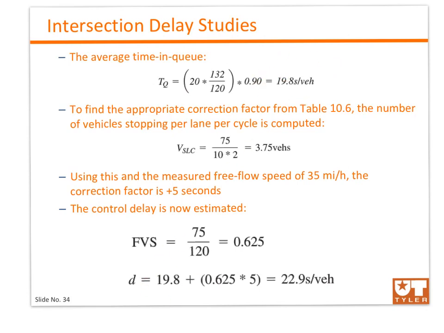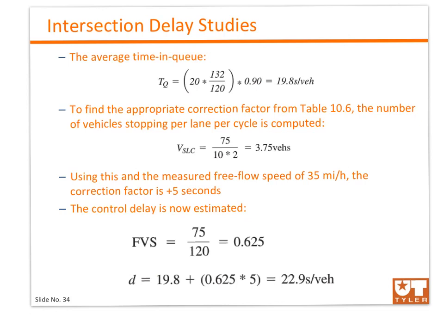Next, we need to find the appropriate correction factor from table 10.6. So the number of vehicles stopping per lane per cycle is computed, which is VSLC, which is 75 over 10 times 2.